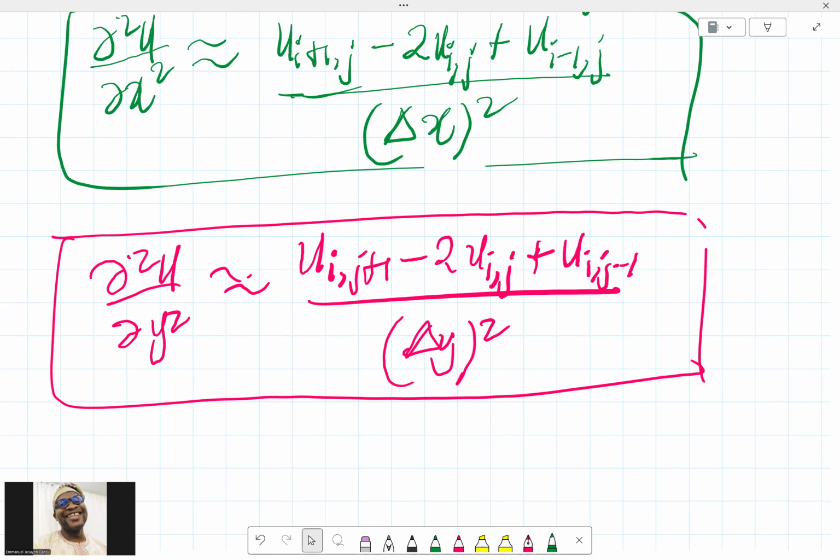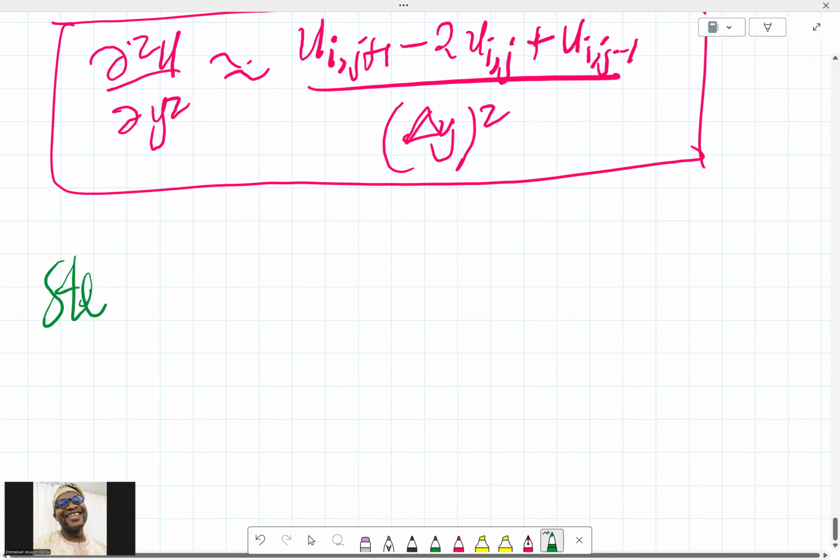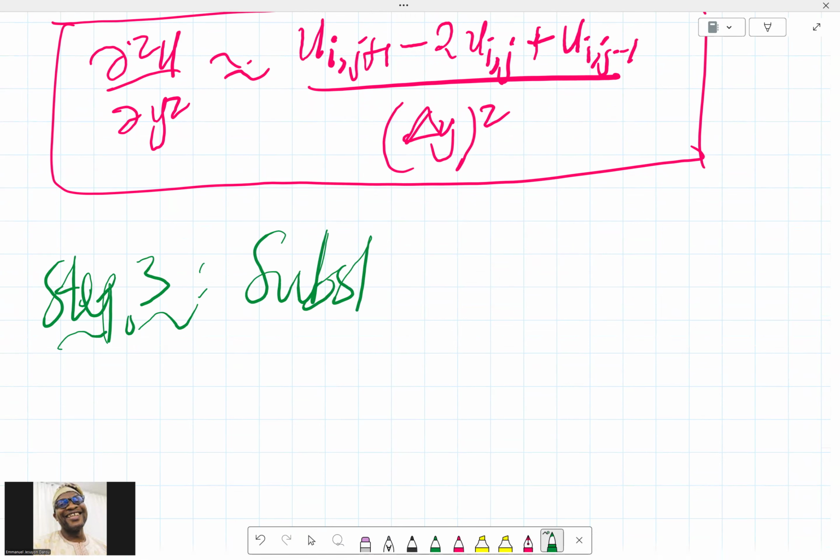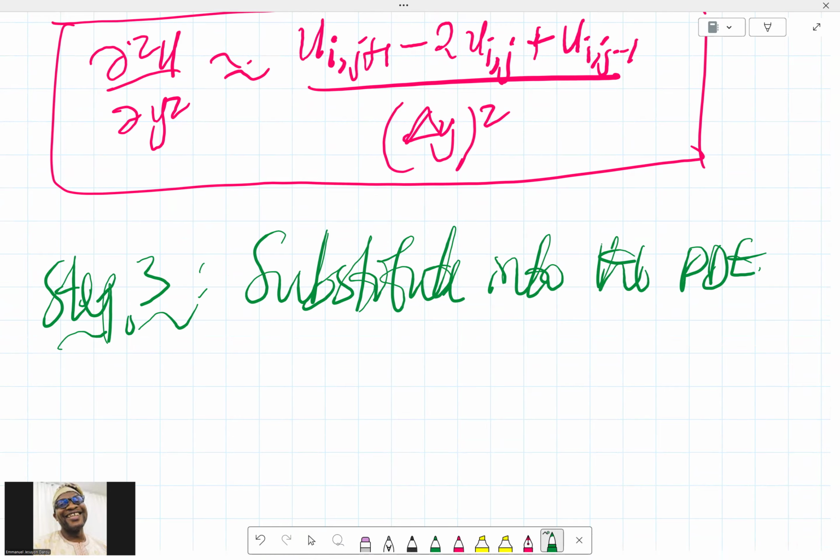Then we now go for step 3. In step 3, we substitute these approximations into the partial differential equation.